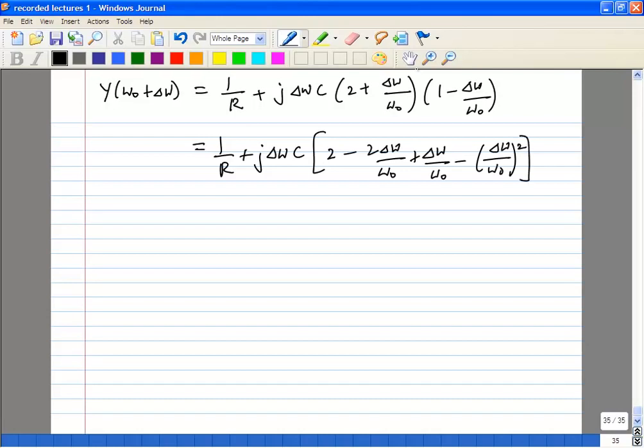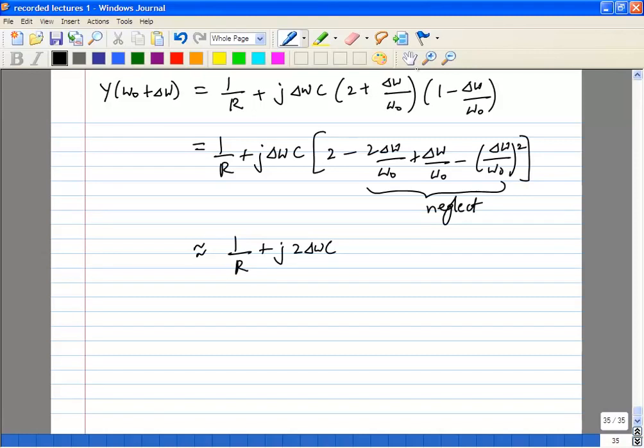Now we notice that there's a delta omega term outside, and since delta omega is small, we're going to neglect all of these higher order terms. So this is approximately 1 over R plus j 2 delta omega C.